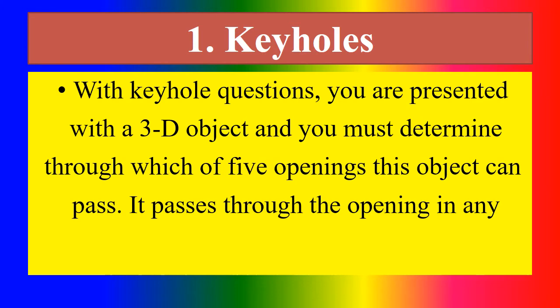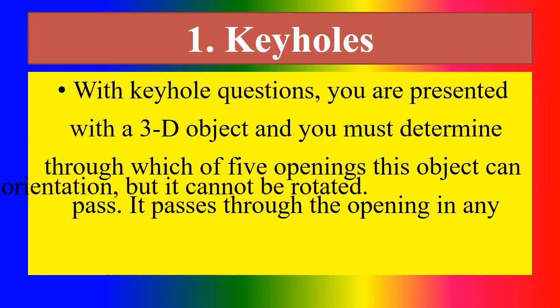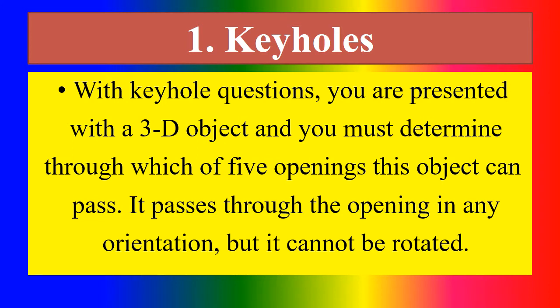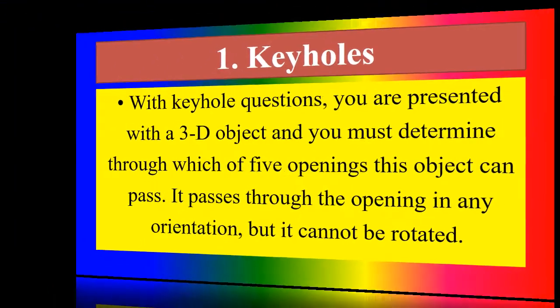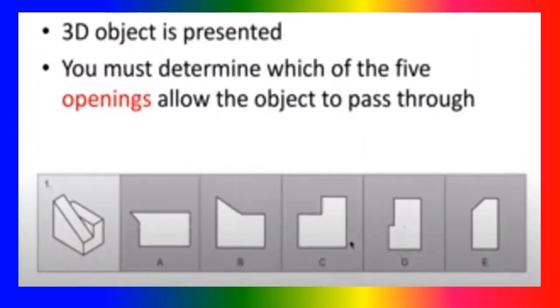It passes through the opening in any orientation, but it cannot be rotated. Look at this. A 3D object is presented. You must determine which of the 5 openings allow the object to pass through.